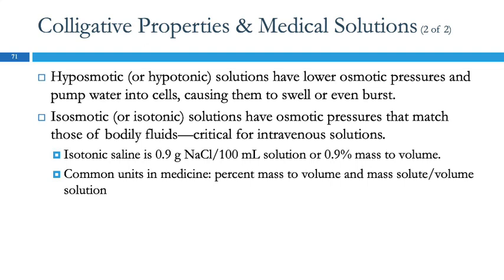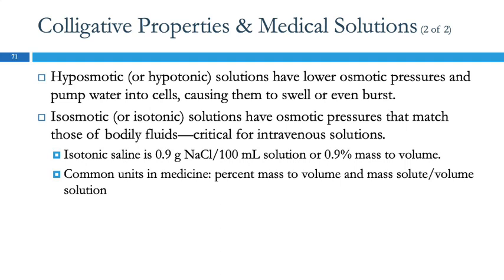So then what happens when we drink water? That's not going directly into your bloodstream, so it's not going to cause your blood cells to burst. It does go through your intestines, and your intestines will absorb water because they have higher osmotic pressure than the water that you're drinking. And that's the good way.